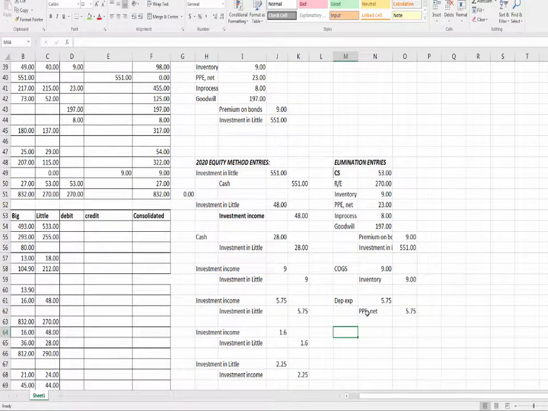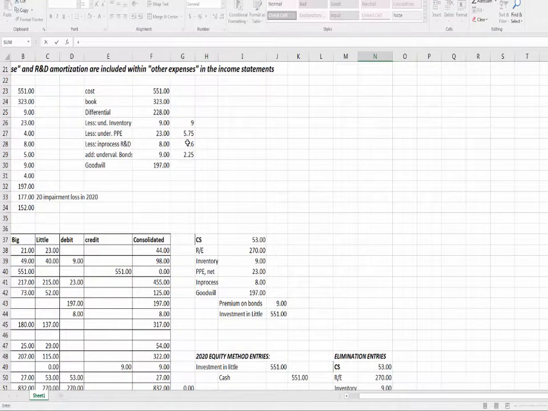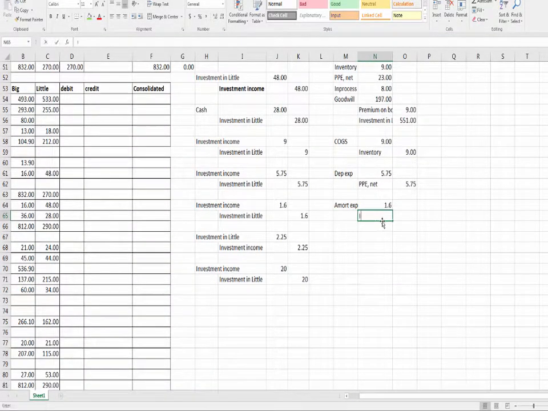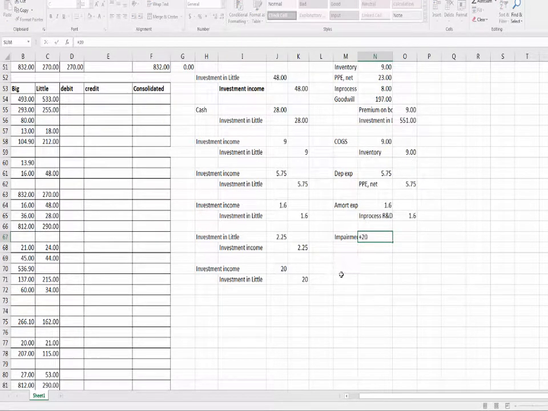The in-process R&D, we're going to amortize that. And again, we determined the amortization of the in-process R&D was going to be 1.6. We have that goodwill impairment loss, which we already determined was going to be $20.